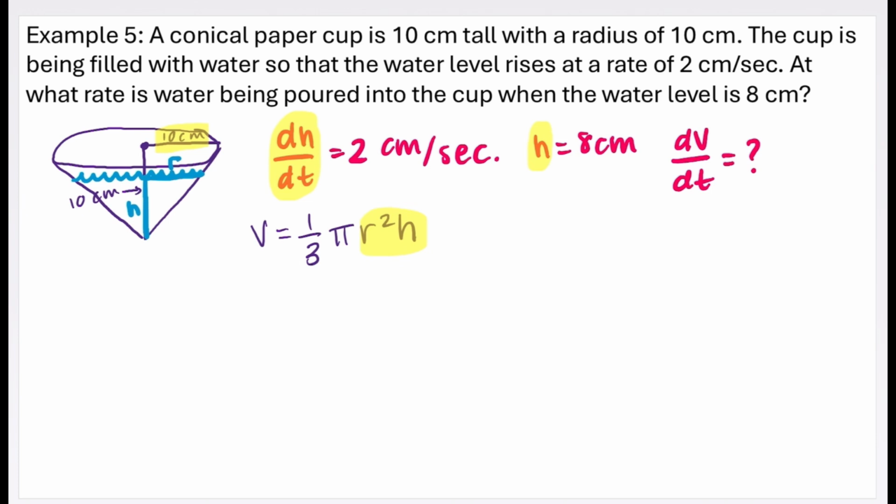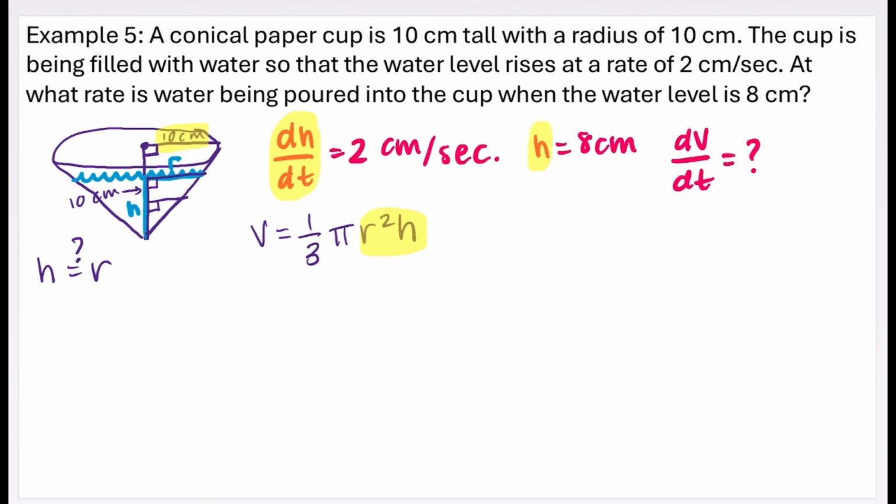Now, does that still apply to the water in the cup? Will the height and the radius be equal? Let's talk about it and see. Now, the whole big cup creates a triangle with the height and the radius, and it's a right triangle. And every triangle that's created from the height of the water is also a right triangle.